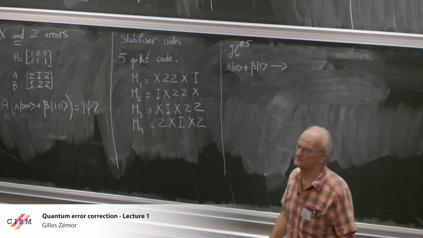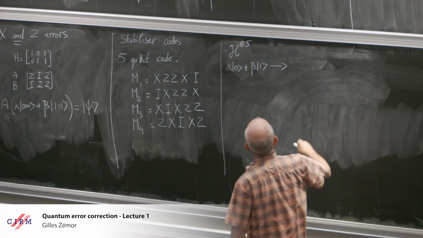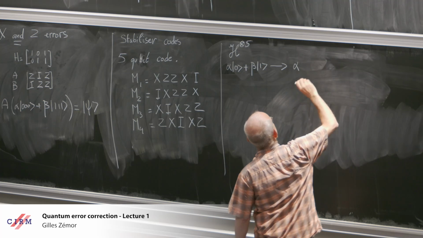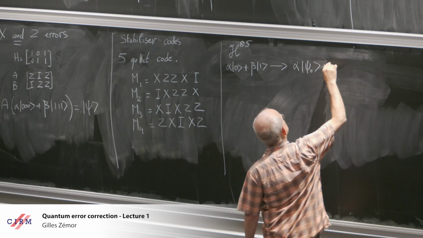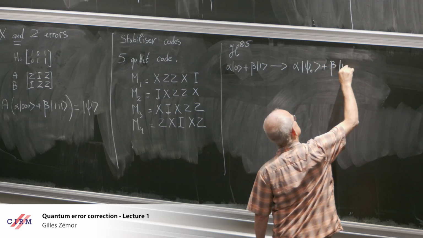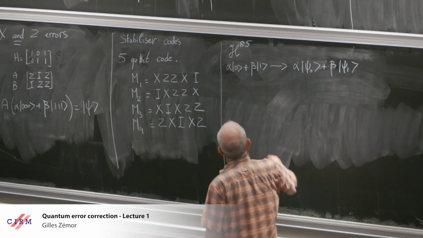And using auxiliary qubits like before, I will transform this into alpha psi 0 plus beta psi 1. And what is psi 0?